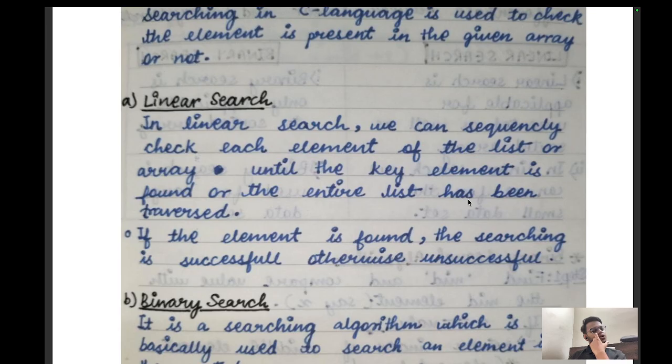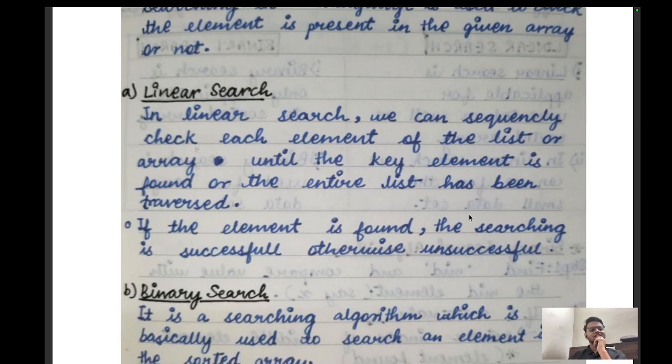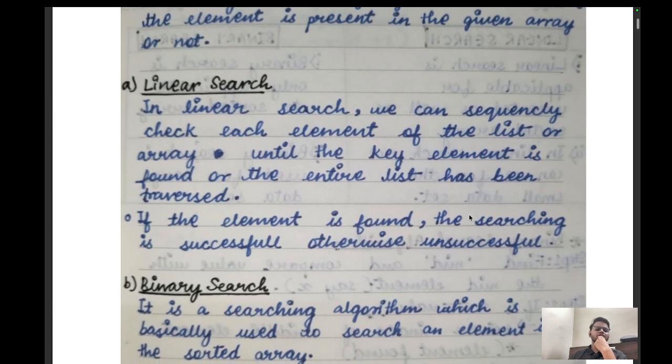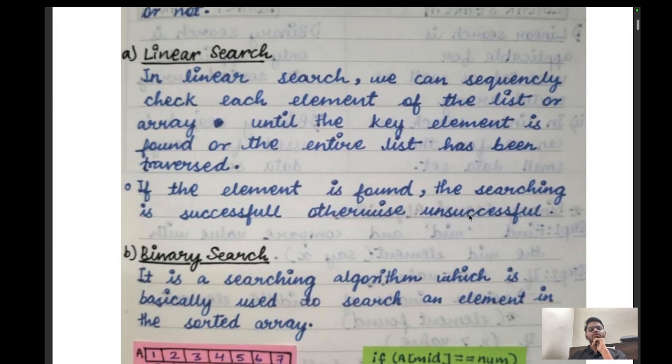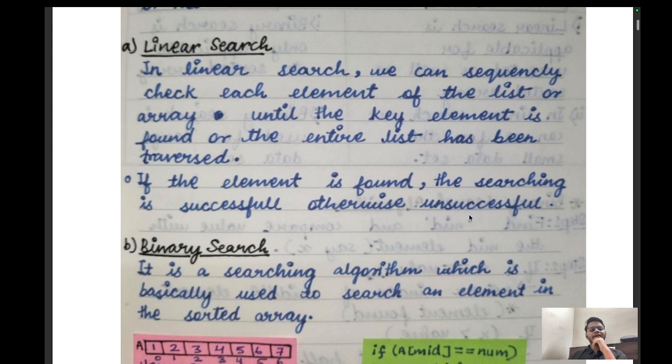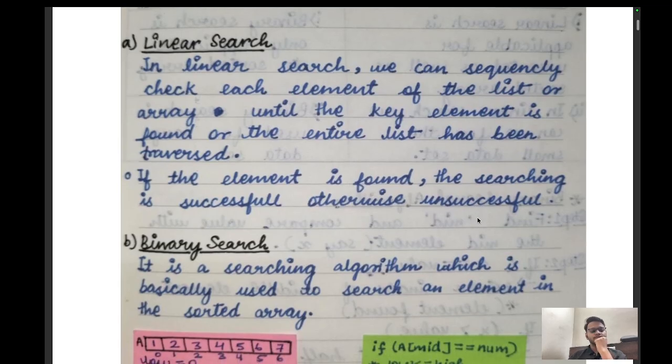Right. So the very first thing in the searching part is that we have to study linear search. In a linear search, we sequentially check each element of the list or array until the key element is found or the entire list has been traversed.